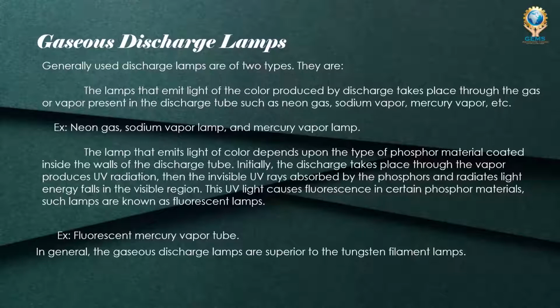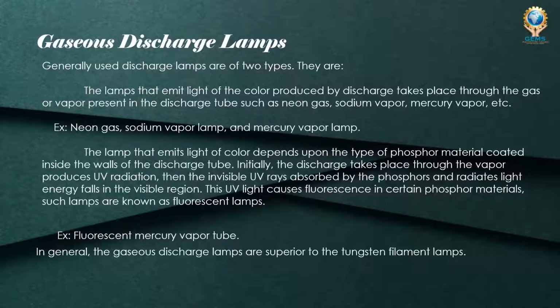That ultraviolet radiation will be absorbed by the phosphor coating, and then that coating will radiate the light energy in the visible region. The UV causes fluorescence in certain phosphor materials, such lamps being known as fluorescent lamps. So that is the fluorescent lamp.